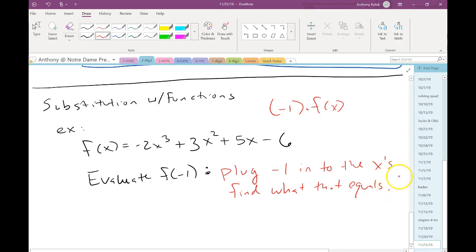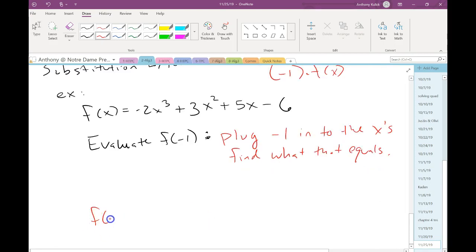So in practice, what we would say then, f of negative 1 is equal to negative 2 times negative 1 cubed plus 3 times negative 1 squared plus 5 times negative 1 and then minus 6.